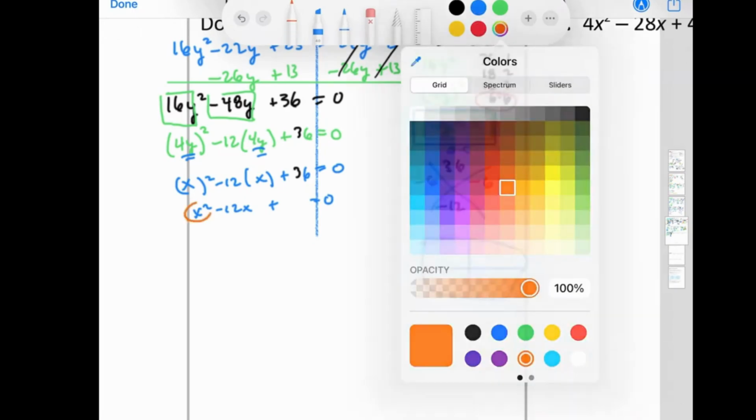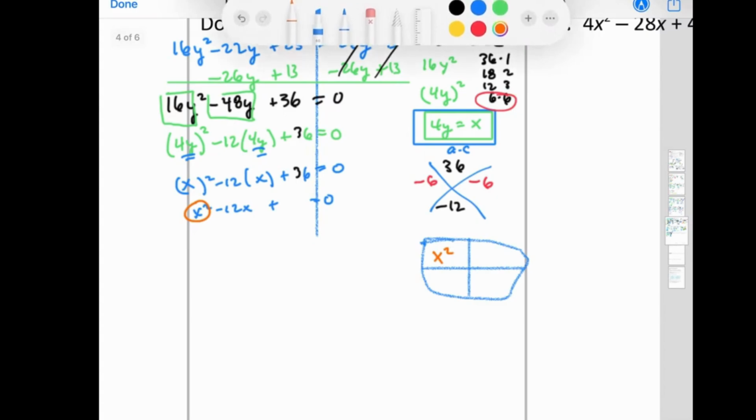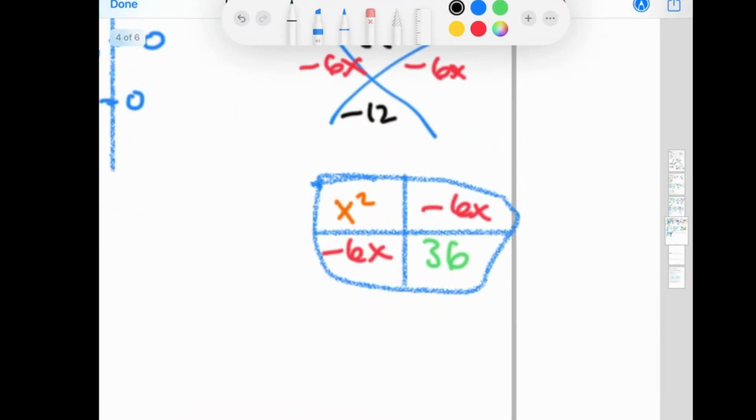So I have x squared, -6x and -6x, which is right here, and then positive 36 is my c value. Okay, so now I'm just going to take out the greatest common factor of each row.